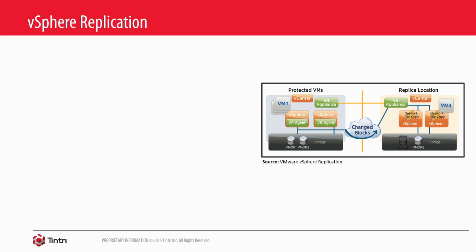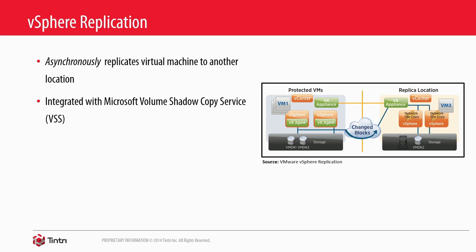So what else is there? We have vSphere replication, right? It's an asynchronous replication of a virtual machine to another location, right? The latest version of replication is integrated with Microsoft VSS. So if your application has SQL, SharePoint, Exchange, it's great.